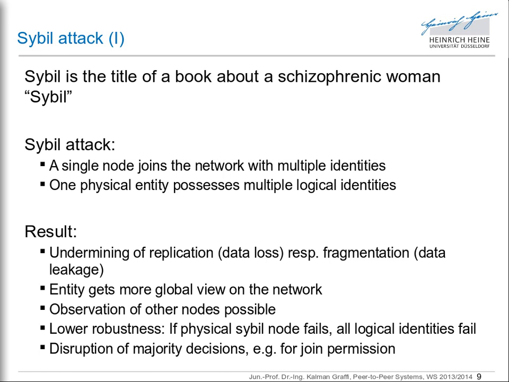And we also have a lower robustness. If this one physical entity fails, all other logical identities will also fail. So this may lead to a partitioning of the overlay, depending on the structure of the overlay.